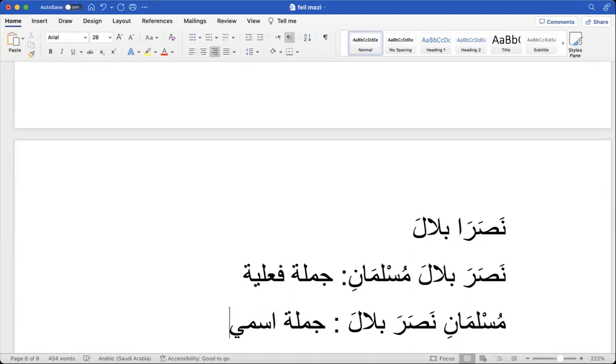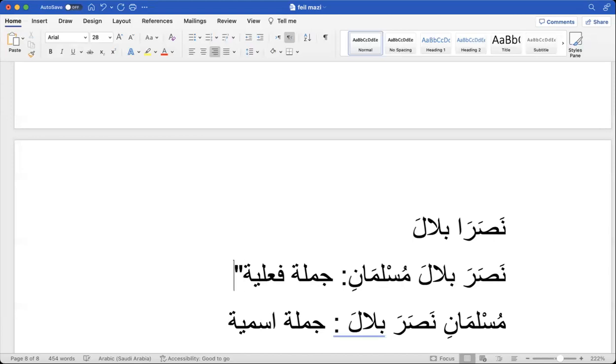If you remember the first class of Arabic, I taught you that Arabic is a unique language. One of the uniquenesses of Arabic is that it is two-eyed. You can make a two-eyed sentence. It can be either Jumla Ismiya or Jumla Failiya, and the meaning will be the same. In both cases, the meaning does not change.